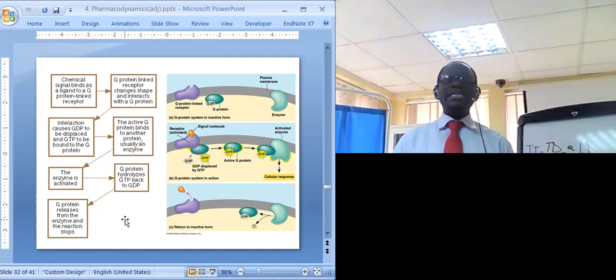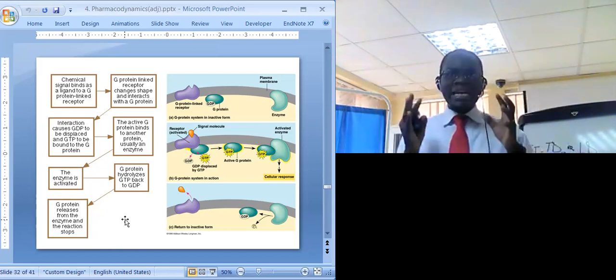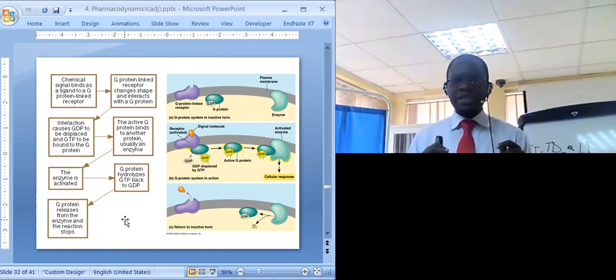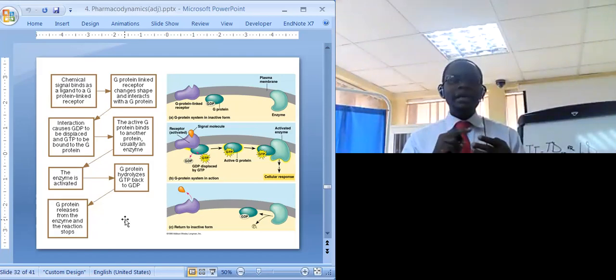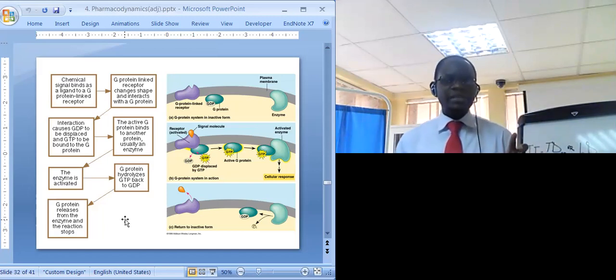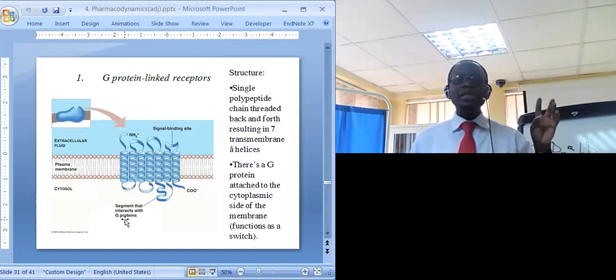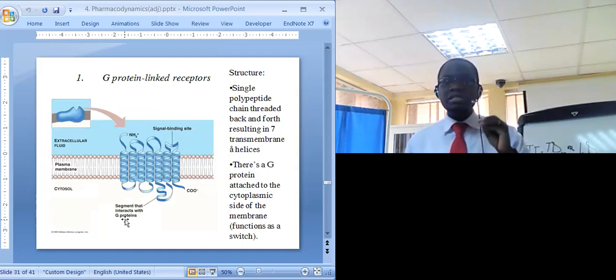So the point to take home here, ladies and gentlemen, is that different drugs have different receptors: ion-gated, G protein, nuclear, among others. So basically four. Now we started with the G protein linked receptors, where most drugs fall.